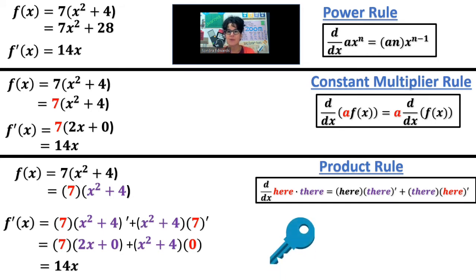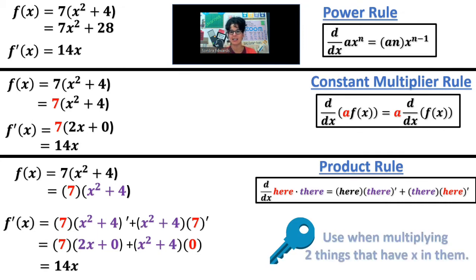The key in identifying when the product rule is especially powerful, I guess, or the faster way, one of the keys is just seeing that you have two things multiplied together, and both of those things that are being multiplied together have an x in them. Notice up here, yes, two things multiplied together. And hopefully, as time goes on here, you see two things multiplied together. Product rule, that's what I need to use.